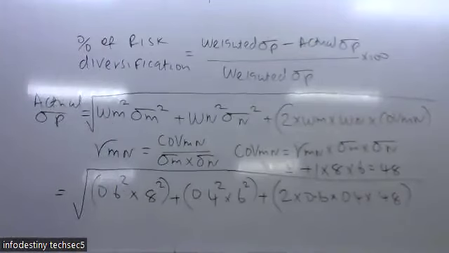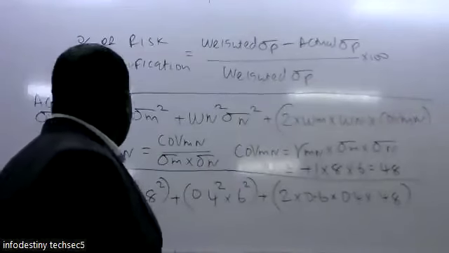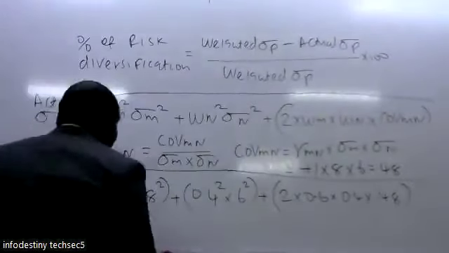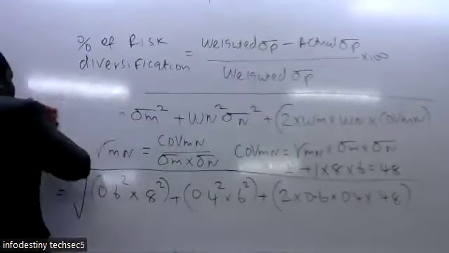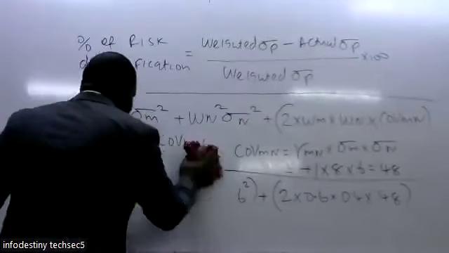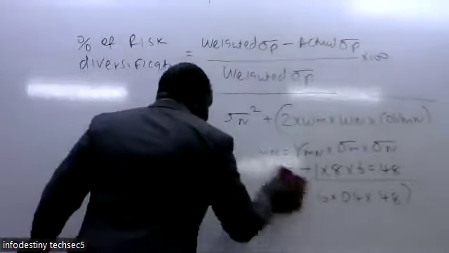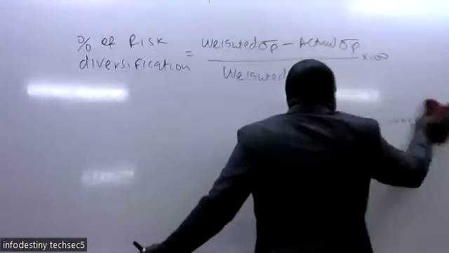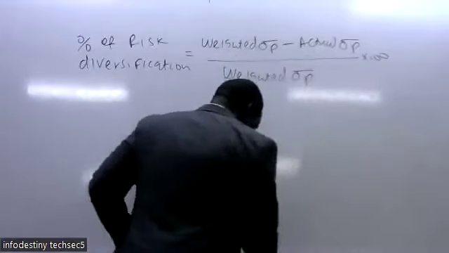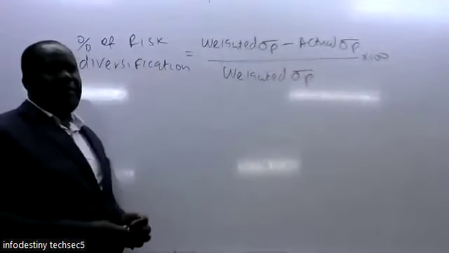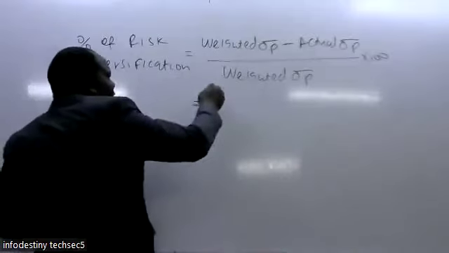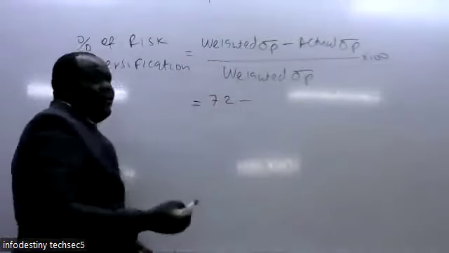So now once you have done that, we go back to compute the percentage of the risk minimization. So weighted, we got 7.2.